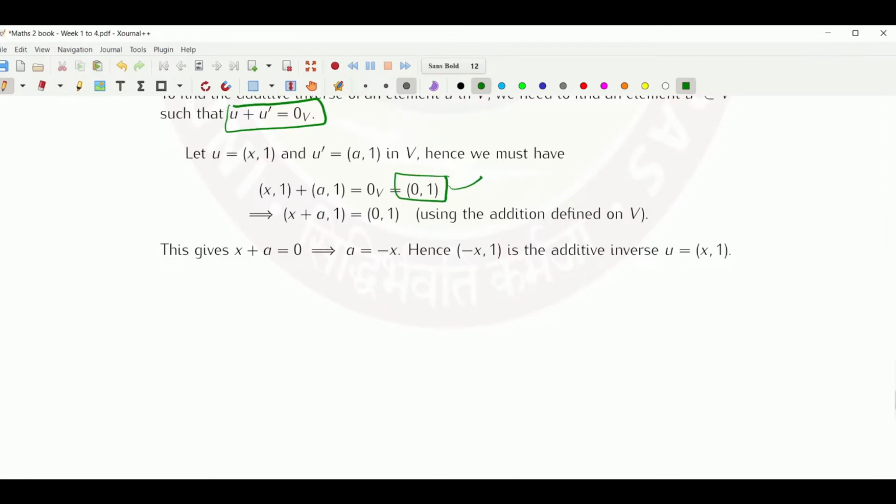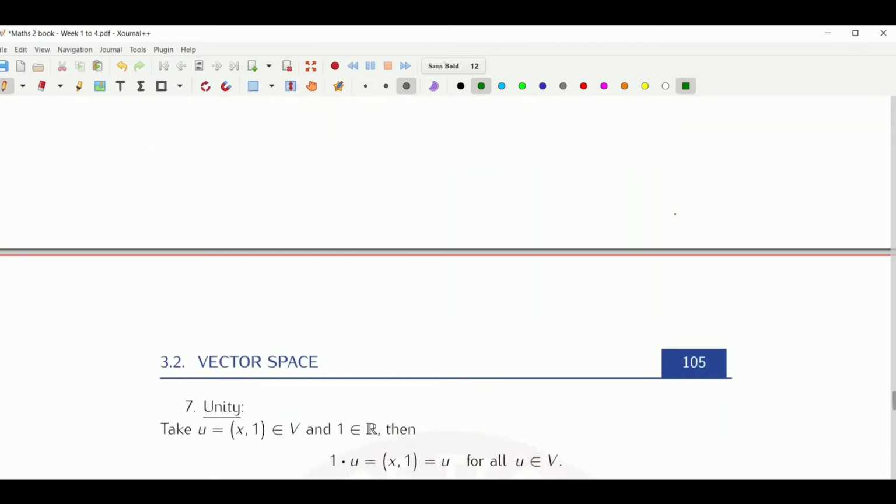Already we have calculated the 0 vector is (0, 1). So (x plus a, 1) is equal to (0, 1). Using the addition defined on V, x plus a is equal to 0, so a is equal to minus x. Hence (minus x, 1) is the additive inverse of u, (x, 1). So additive inverse is also available.